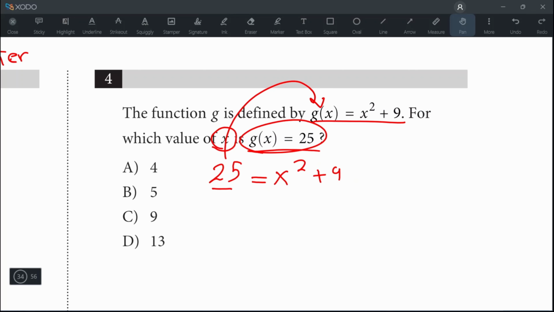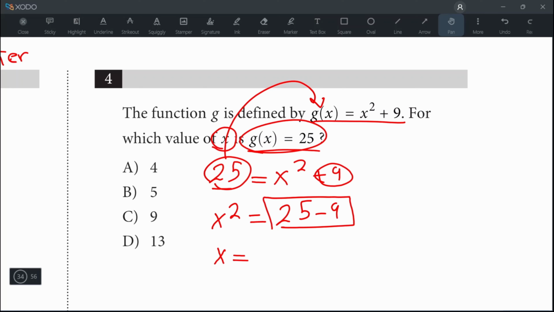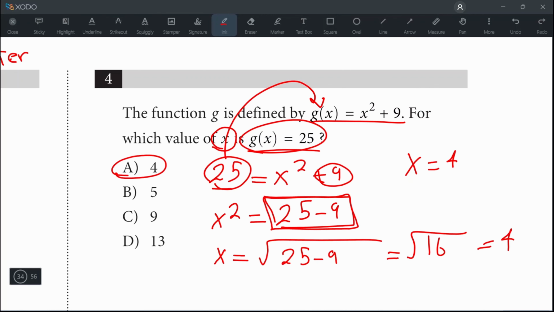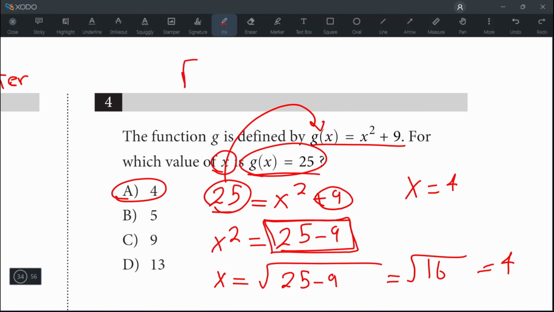So x to the power of 2 is equal to 25 minus 9. What I did is that I subtracted 9 from both sides. The next step will be taking the square root of this value. So the square root of 25 minus 9 is equal to the square root of 16, which is equal to 4. So the value of x is equal to 4. So the answer is A. And this is a function solving question.